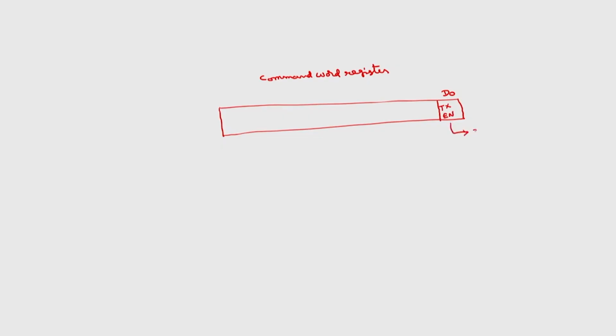If this bit is equal to 1, the transmitter will be enabled; 0 means disabled. Then this is data terminal ready. 1 means data terminal ready; as I have told, the data terminal will be the transmitter basically. 0 means not ready.